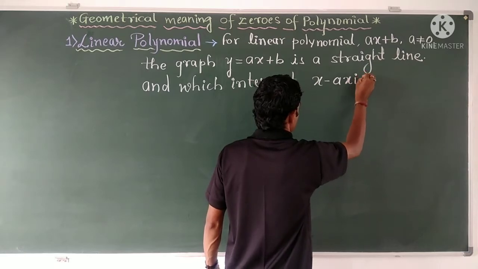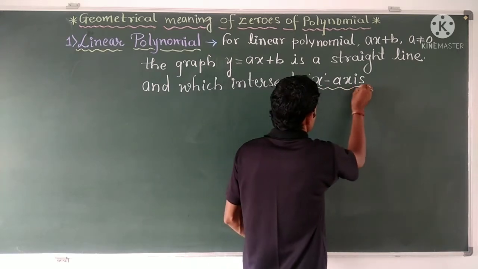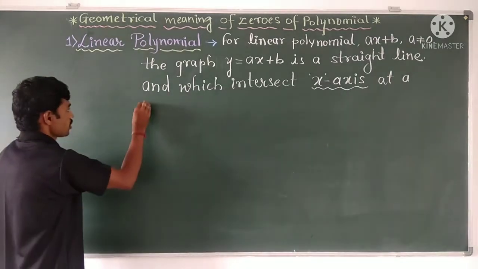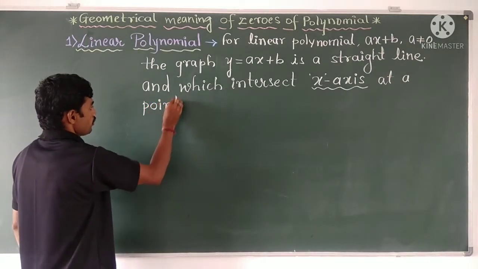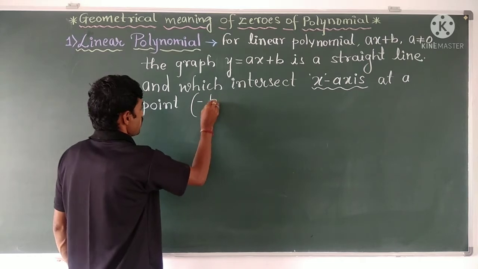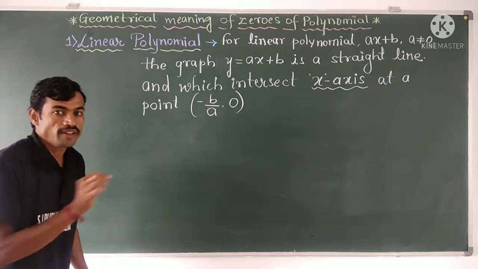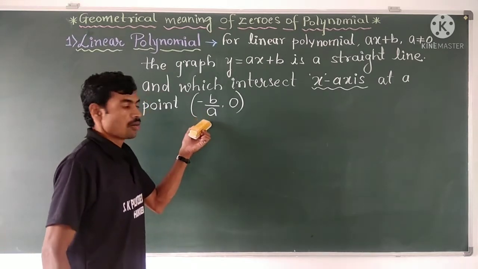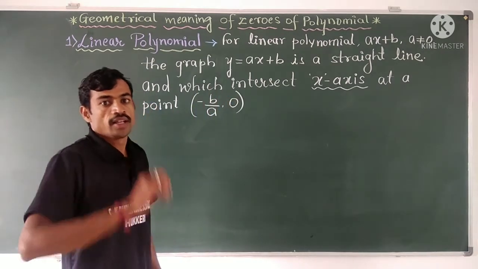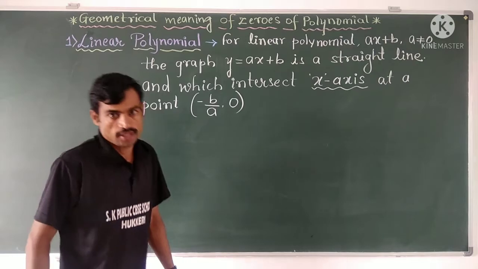It intersects the x-axis at the point minus b by a, 0. The coordinates of the point which intersects the x-axis are minus b by a, 0. The y coordinate is 0: if a point lies on the x-axis, then its y coordinate is 0.